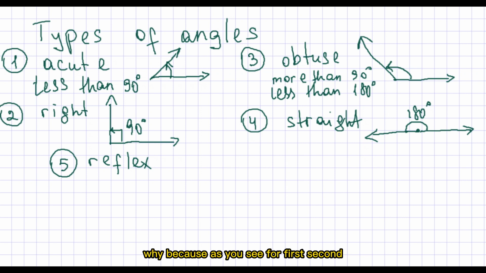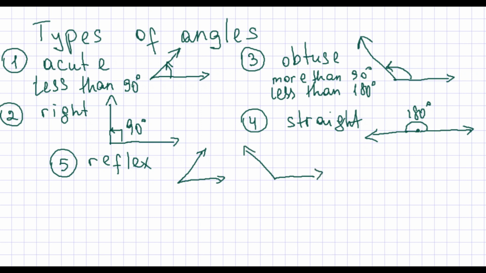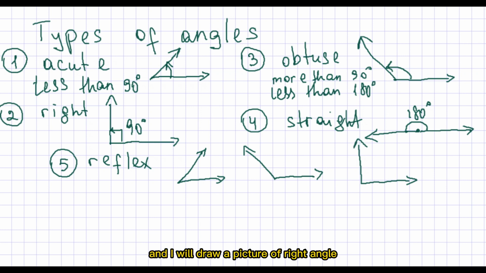Why? Because as you see, for first, second, third, and fourth types, we have exact picture of turnings. But here, for reflex angle, I will draw three pictures. Look. I will draw a picture of acute angle. I will draw a picture of obtuse angle. And I will draw a picture of right angle.